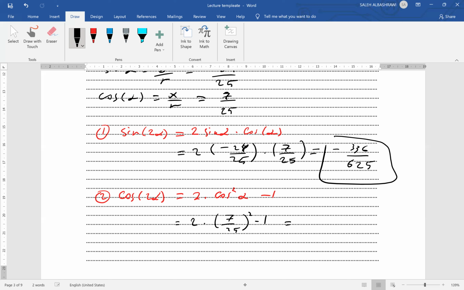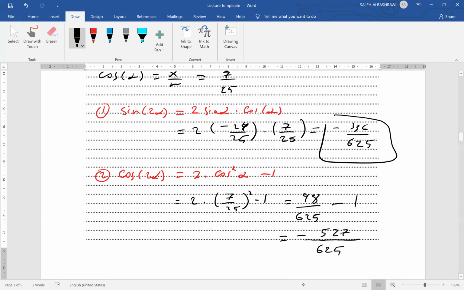That will be 2 times 49 is 98 divided by 625 minus 1, and this will be negative, 98 minus 625 will be minus 527. So cosine 2 alpha is minus 527 divided by 625.